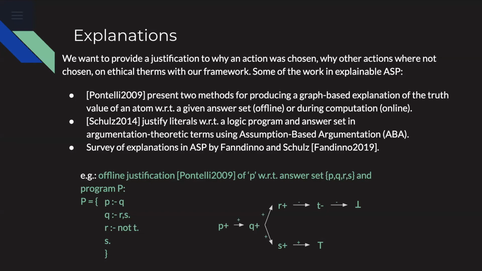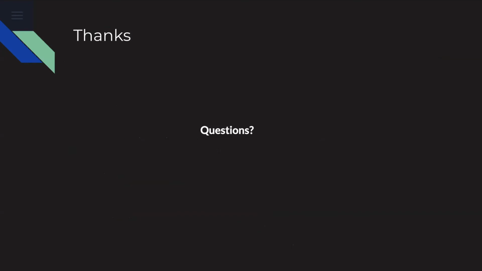So basically what the literature provides, amongst many other things, is ways of constructing justification trees for particular fluents with respect to a given answer set and a program, such as the one that we showed before. And with this, we can provide a justification on ethical terms of why each action was forbidden or not, or why each action was chosen. Okay, so that's that.